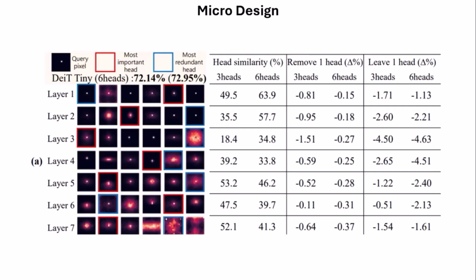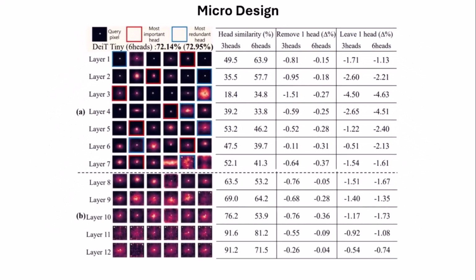So one thing that we can understand is that for the first 7 layers, all the important heads are extracting local information, and the redundant ones are trying to extract the global information. And the heads are not very similar, but if you look at the deeper layers, we see another trend. Now we see that the heads are very similar. Like we can see that here there is 91% similarity between them.